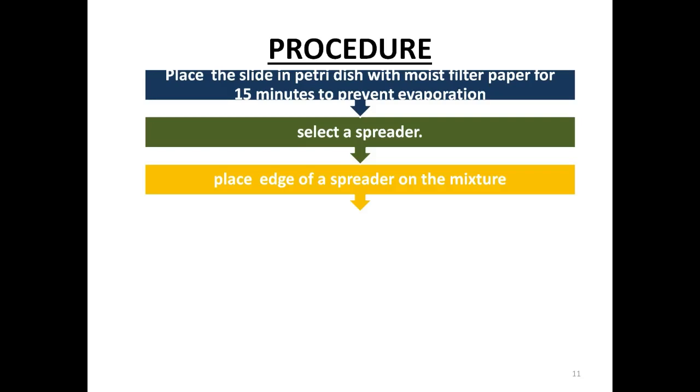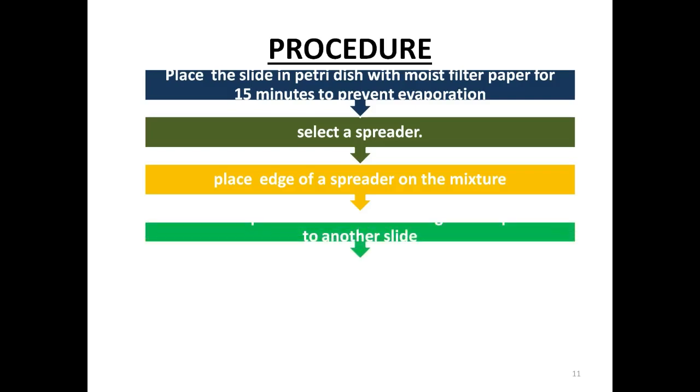Okay, so now place that spreader slide edge on the mixture. On the mixture means the slide which we have placed in the petri dish. So the edge of this spreader you have to dip into this mixture.